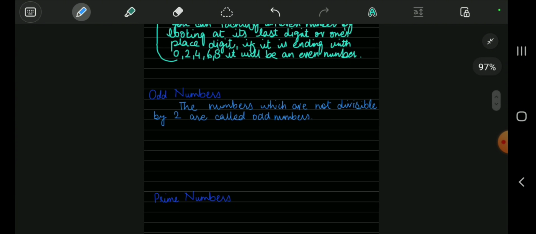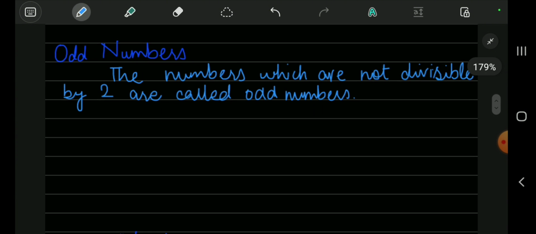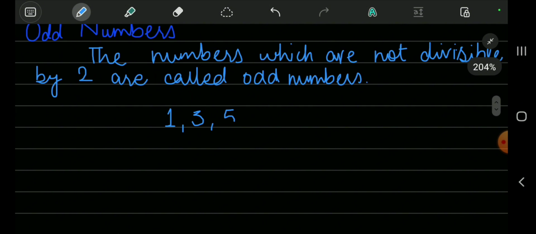Okay, so what are those numbers? 1, 3, 5, 7, 9, and so on.